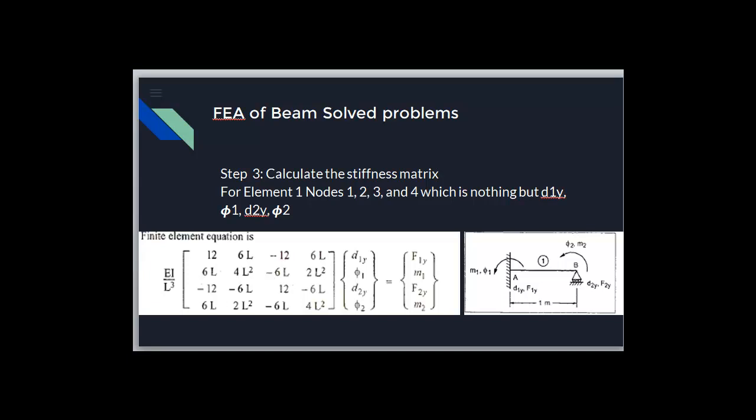Element 1 will have 4 degrees of freedom, which are d1y, phi1, d2y and phi2. By using the finite element equation of the beam element, and knowing the values of E, I and L, the finite element equation for element 1 can be calculated, similar to the equation displayed in the slide, where d1y, phi1, d2y, phi2 are the degrees of freedom with the nodal displacements and rotations, and the corresponding nodal force vector has F1, acting in the vertical direction, and the moment M1.